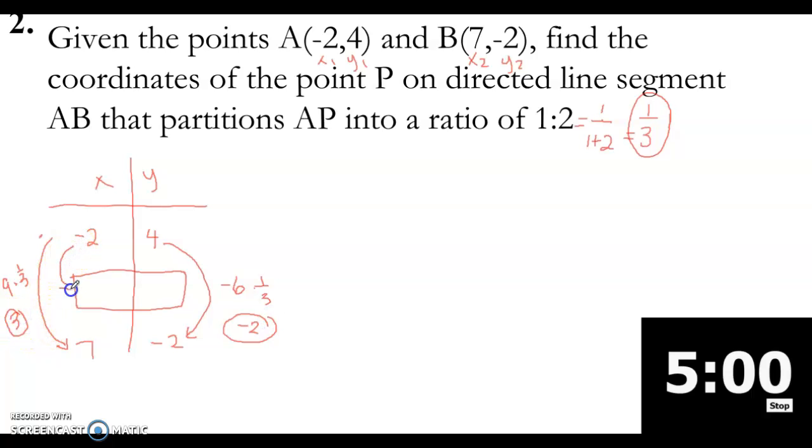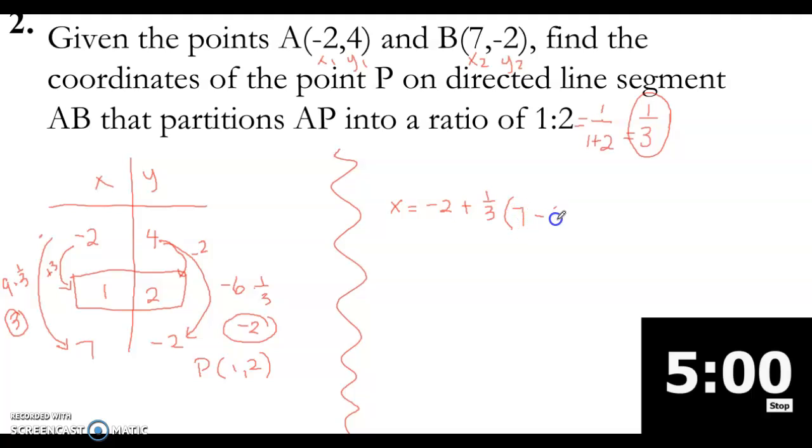Now to get from -2, I would add 3. On the y side, I would subtract 2. This would give me +1 and +2. So the coordinates for P is 1, 2. Now, if you do the formula, you would just substitute it. X is equal to x1 plus the fraction, parentheses, x2 minus x1.